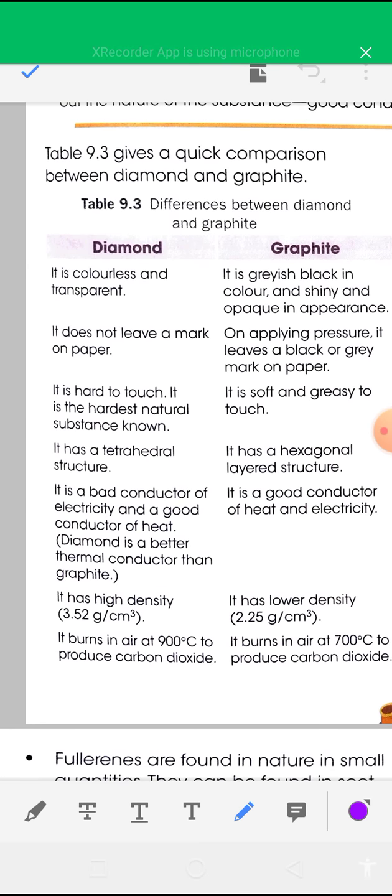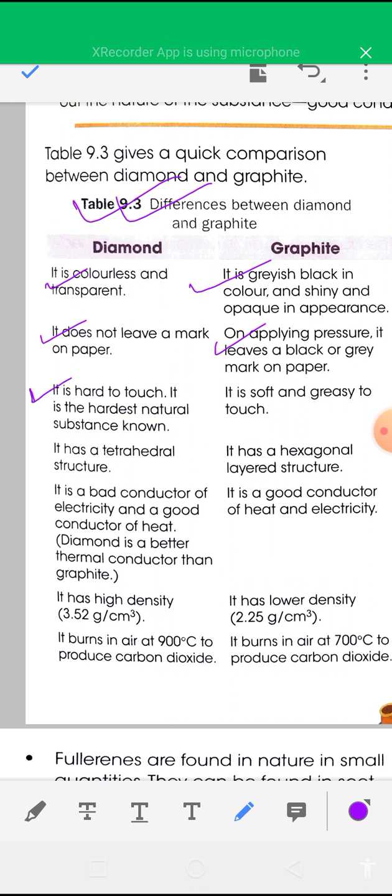Difference between diamond and graphite, you have to read. Very easy points are given. Diamond is colorless and transparent, while graphite is grayish black in color and shiny. Diamond does not leave a mark on paper, but graphite, on applying pressure, leaves a black or gray mark on paper.